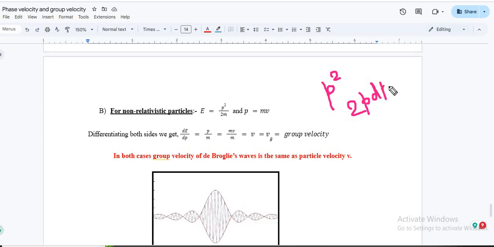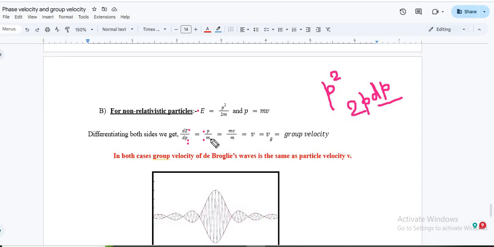You have dE over there and dP over there, so we are using the chain rule. What is left is 2p, and here you have 2m, so the 2s cancel out. This is simply left with p by m.